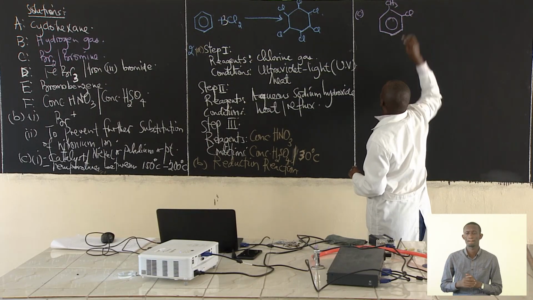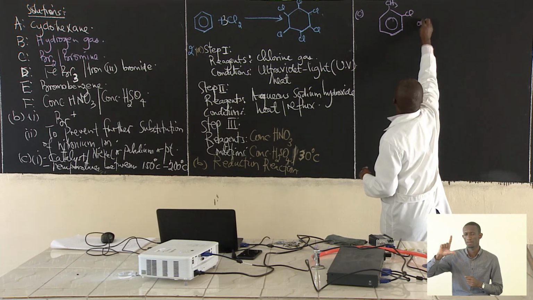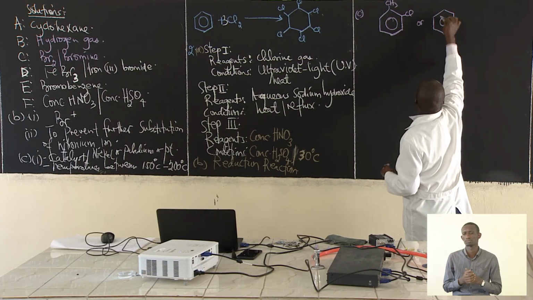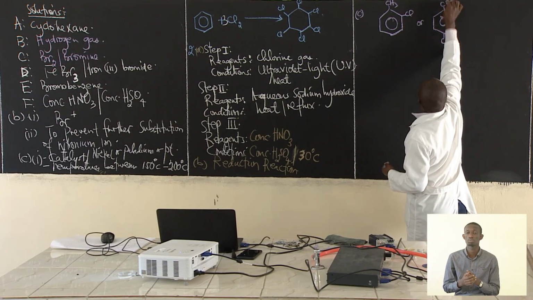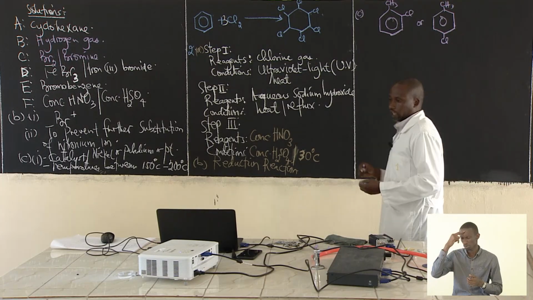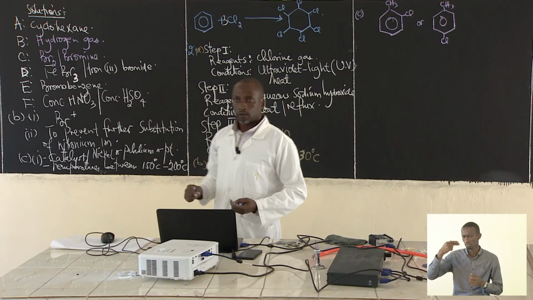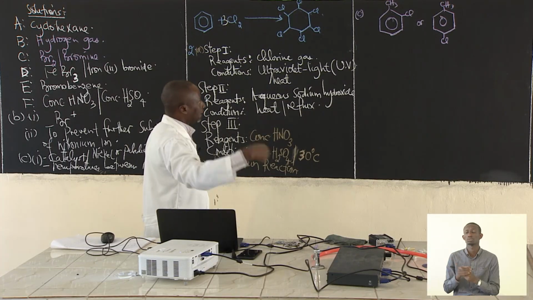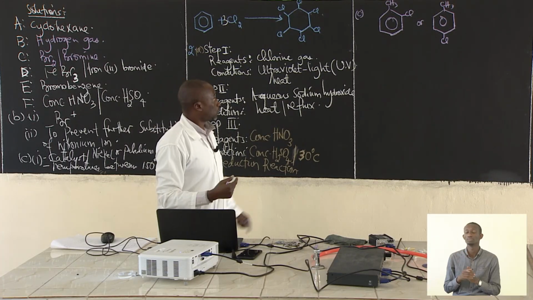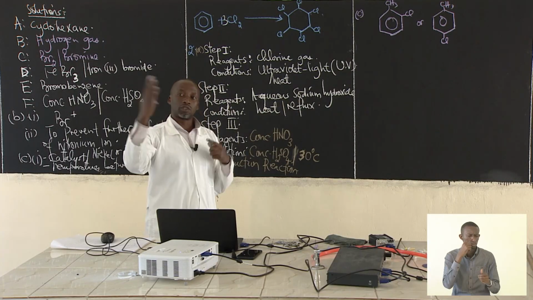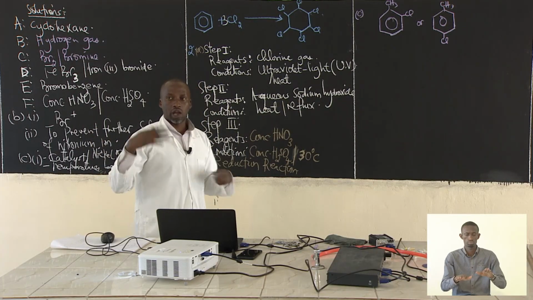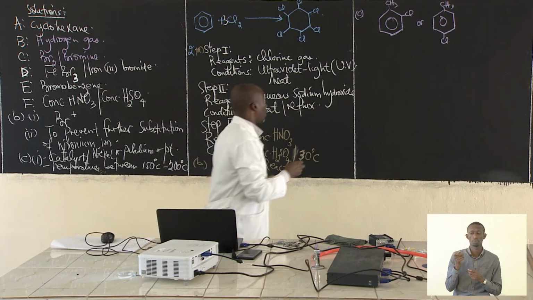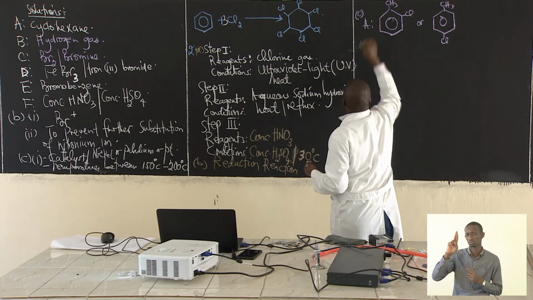Chlorine will be substituted either there, or any one of these, because the methyl group is electron donating, has positive inductive effect. That means it directs other substituents to position number 2 and position number 4, the ortho and para positions, remember. So that is the structure of A.